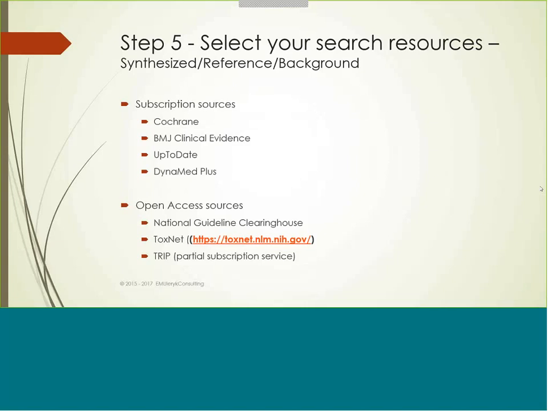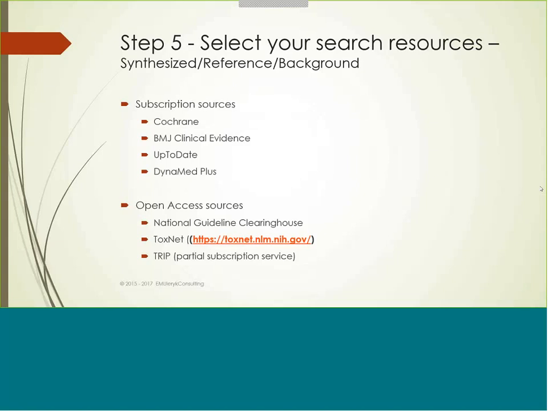Cochrane and BMJ Evidence are more journal article focused, if you will, and they are much more current in the sense that they have literature being added to them on a fairly standardized updating frequency, daily or weekly. UpToDate and Dynamed are more of a reference or textbook type approach to information on your topic. It's good for an overall review, but it doesn't necessarily give you the latest article that was just indexed and uploaded the day before.